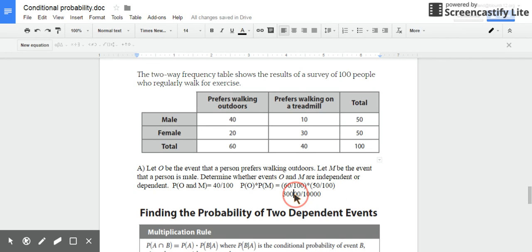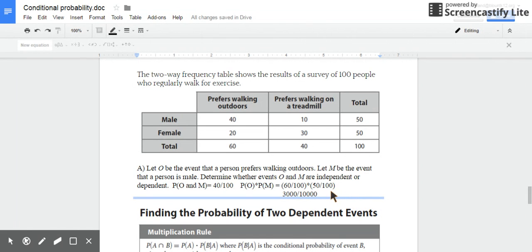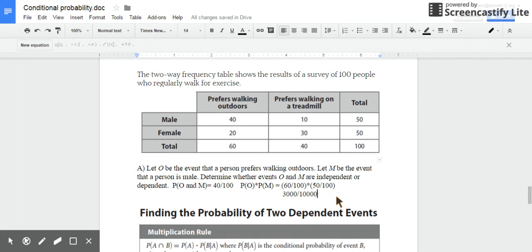It should be 3,000 over 10,000, which is going to come out to 3 out of 10. 3 out of 10 is definitely not equal to 40 out of 100, which would be 4 out of 10. Since these are not equal, that means it failed that test. So we have dependent events.